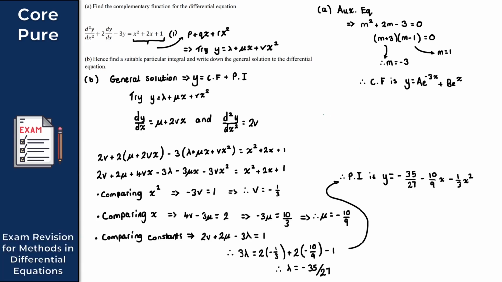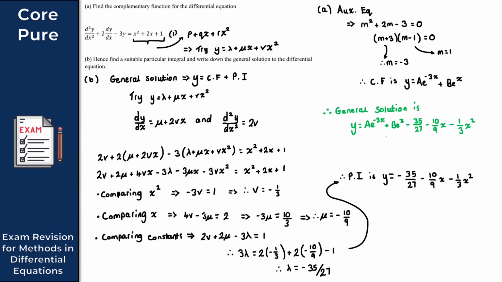So the general solution is given as y is equal to the complementary function, a e to the minus 3x plus b e to the x, minus 35 over 27, minus 10 over 9 x, and then finally minus 1 over 3 x squared.